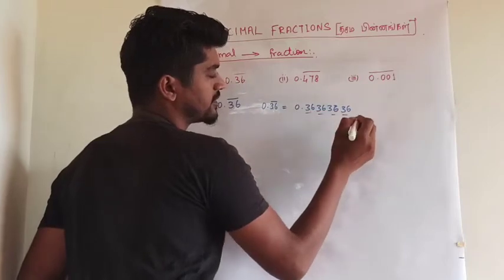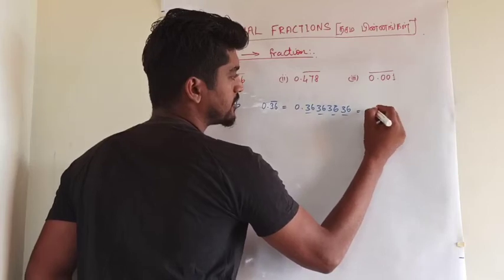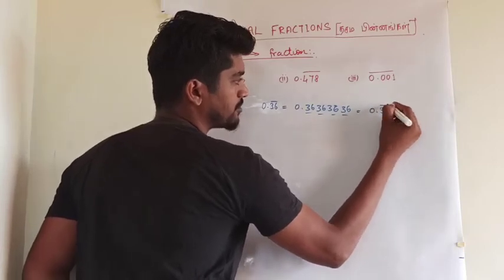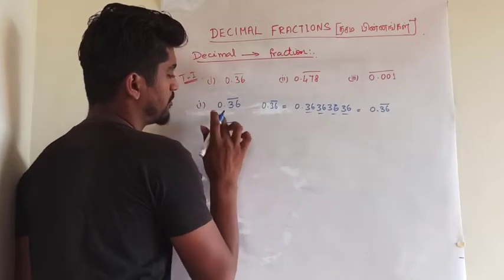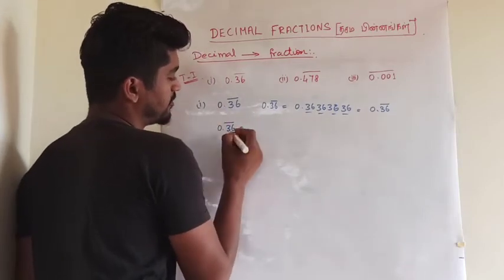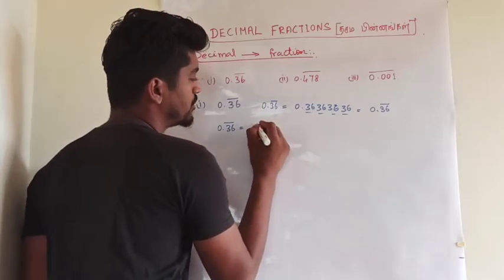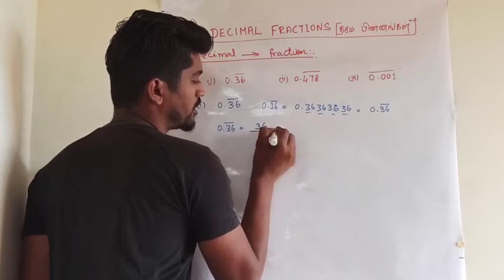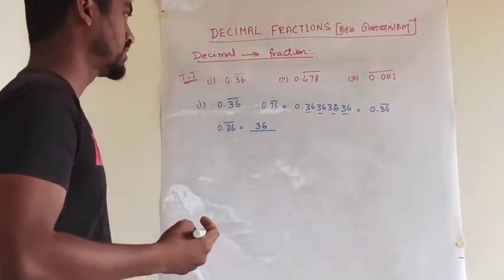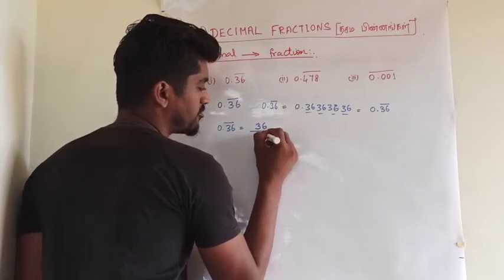Here 36, 36, 36 are continuously repeated, so it should be written as 0.36 bar. To convert 0.36 bar, first we have to write the value, then divided by, we have to write 2 times 9.